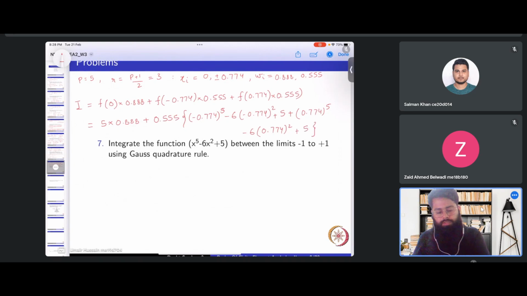So here we have minus some number to the power 5, and here we have plus some number to the power 5. They will give us the same value with different sign, so these would cancel out. It's pretty straightforward. Then we have 5 times 0.888 is 4.44.